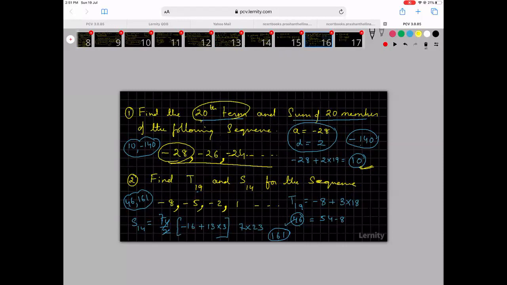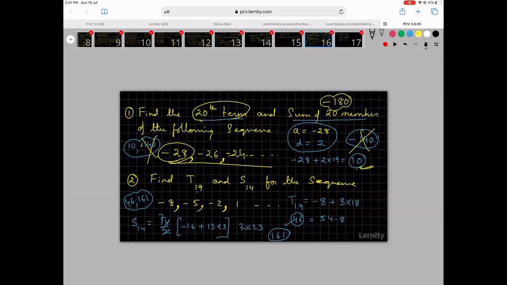Oh, I made a mistake. Yes, some of you were correct. 180 is the correct answer. Minus 28 plus 10 is minus 18. Minus 18 by 2 is minus 9. Minus 9 into 20 is minus 180. It is minus 180. I hurried it up.